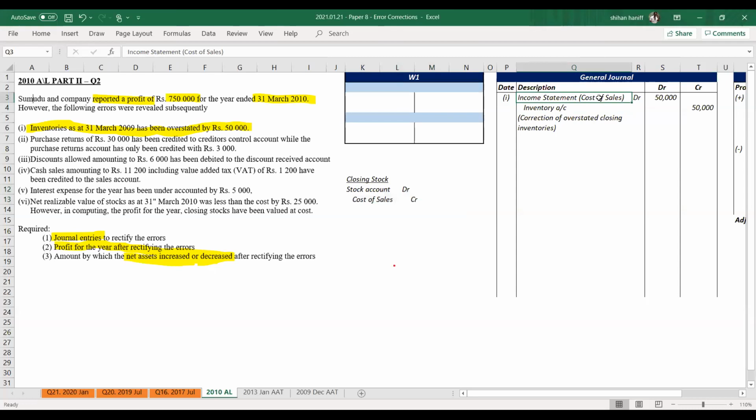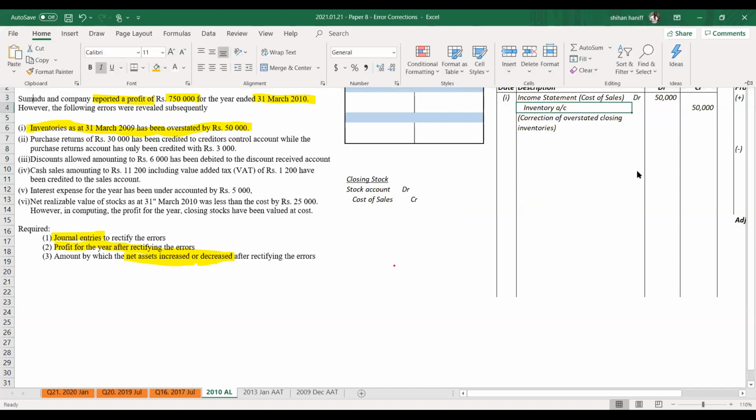If you write purchases here, that is fine as cost of sales: purchases, cost of sales, income statement, all have the same effect. But the inventory account is an asset account, so you can't write purchases there. Okay, so the inventory account is credited.